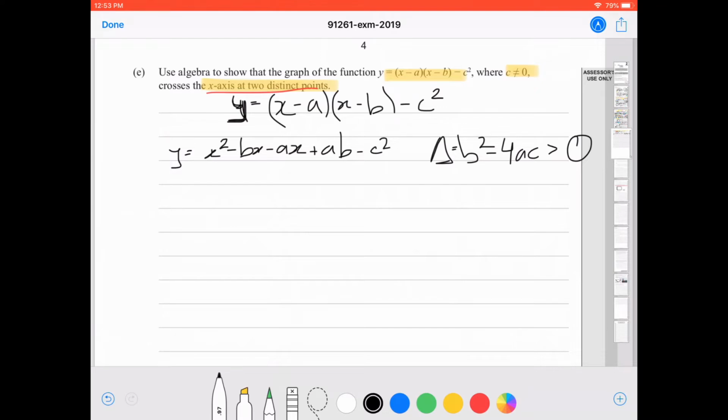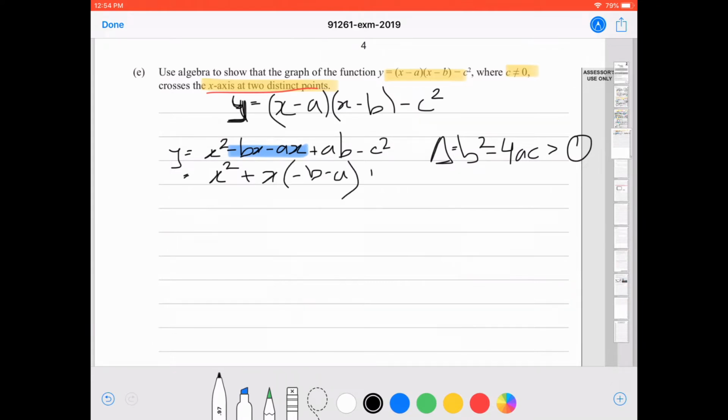Still, we can tidy this up a little bit. Let's split it into terms with x squared, terms with x. So we've got this minus bx minus ax. So we are going to take x as a common factor, so positive x. And then it becomes, inside the brackets, let's say minus b minus a.